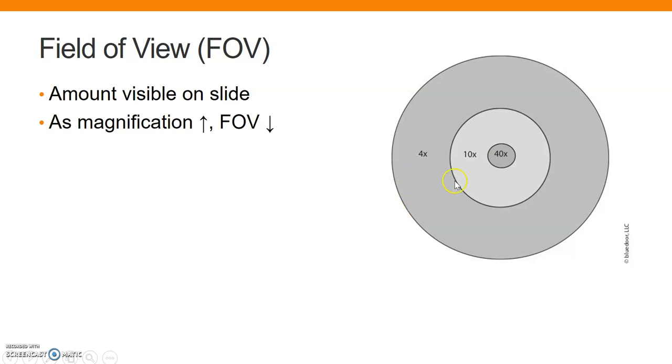So as we zoom in, using our stronger powers, we lose the amount of space we have, which means the field of view decreases. So as the magnification is increased, our field of view decreases. And remember, we're basically doing this so that resolution increases, so we can see those smaller things better, but we do lose space, right? We don't see as much of the area as we would at a lower power.